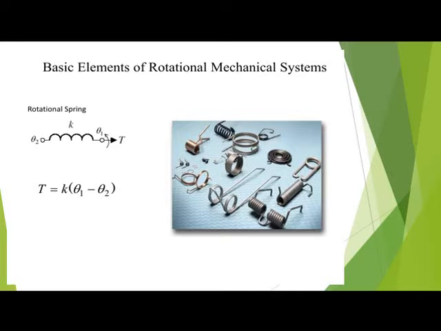Theta 1 is the angular displacement from the right side of the spring, and the left side of the spring is theta 2, and here T is the external torque applied on this element. Therefore, we write the equation T equal to K times theta 1 minus theta 2.